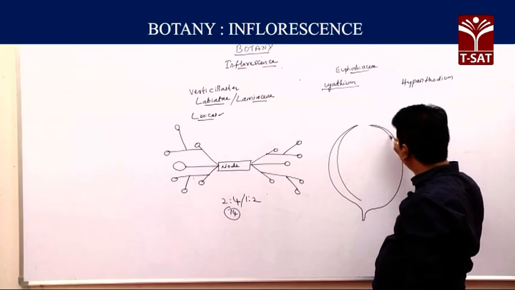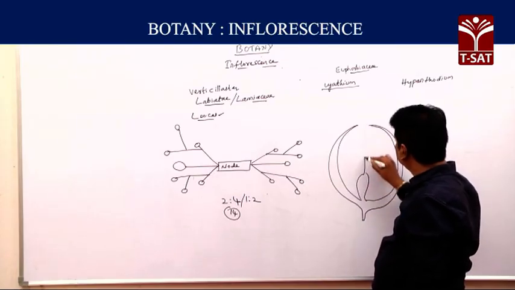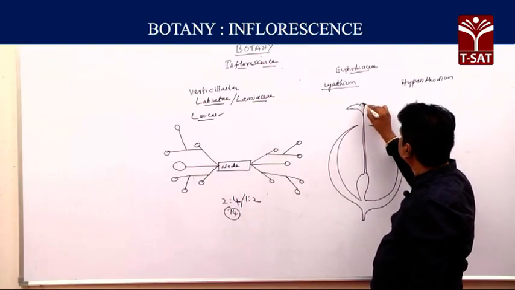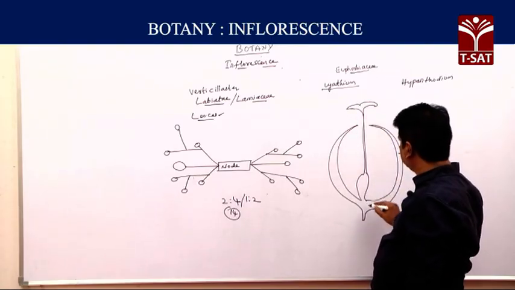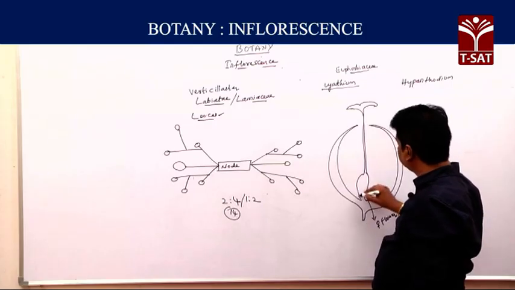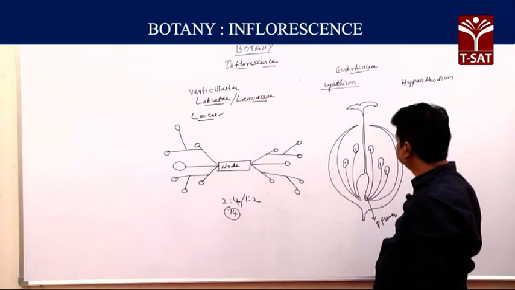At the center of the cup, there is a single female flower. This single female flower is surrounded by many male flowers, and the arrangement of male flowers is scorpioid.